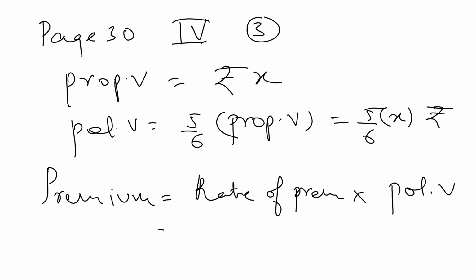The rate of premium is nothing but 2.50% of policy value. So policy value is 5x by 6. If we solve further, we can adjust this percentage as follows. That is equal to 2.50 upon 100 into 5x by 6.